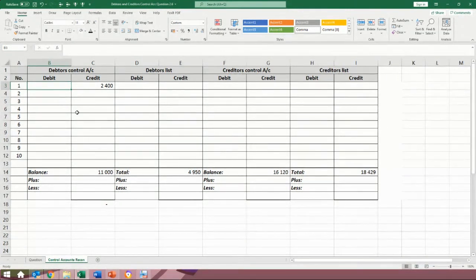If a credit note was issued, are we looking at a debtor or a creditor?